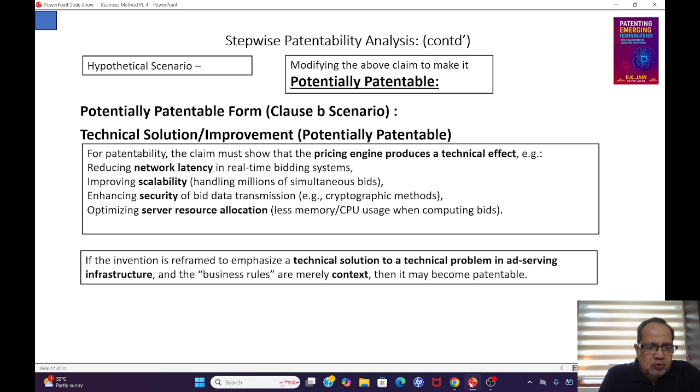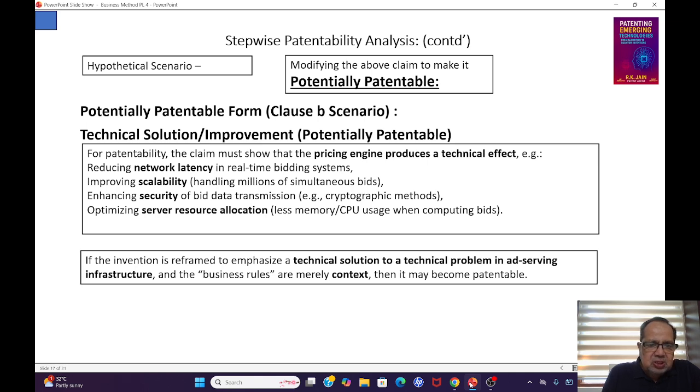Or we could improve the scalability. We could use this business method in such a manner on a system where, instead of a few hundreds, it can simultaneously handle bids possibly into millions.